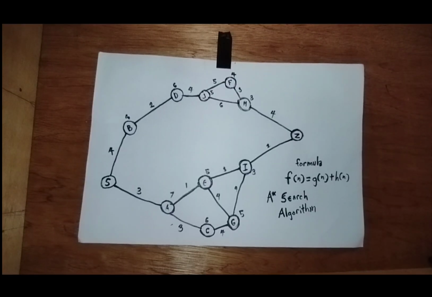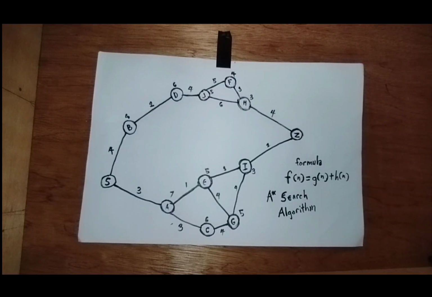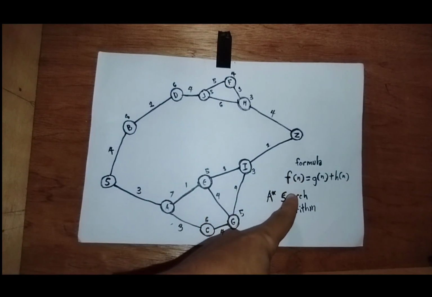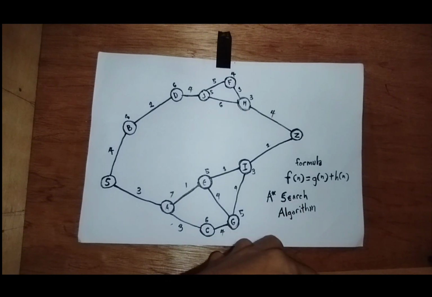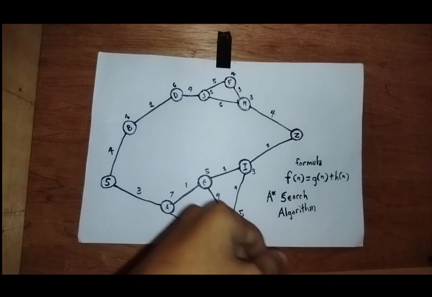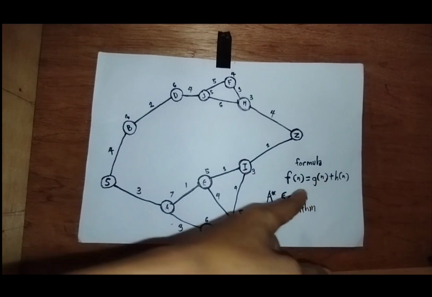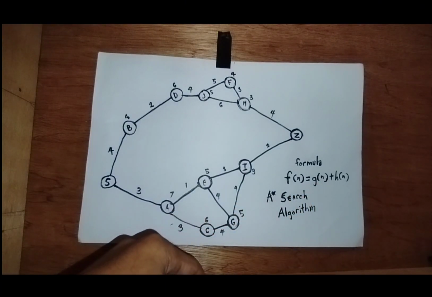So, before we start, let's talk about the formula. F is the total estimated cost of the optimal path passing through the node. And G is the exact accumulated path cost from the starting node to the current node.